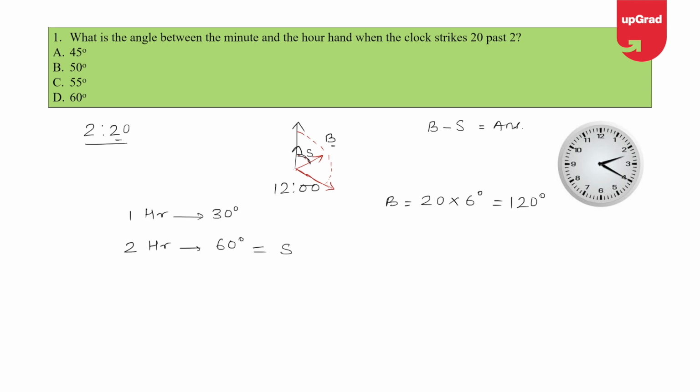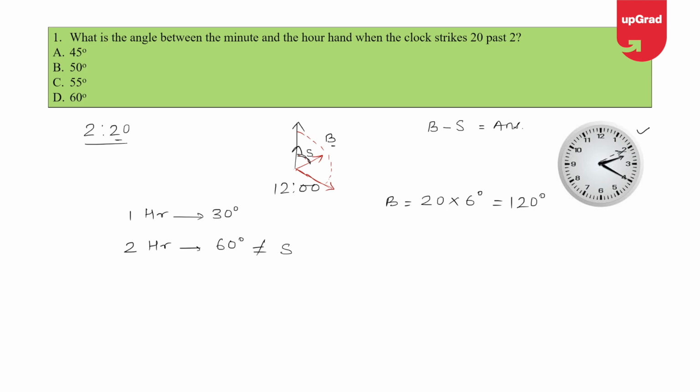But actually this is not true, because please understand, if you look at this clock, the hour hand is not at 2. The hour hand has moved further, which means at 2 o'clock it was at 2, but at 2:20 it has drifted towards 3.